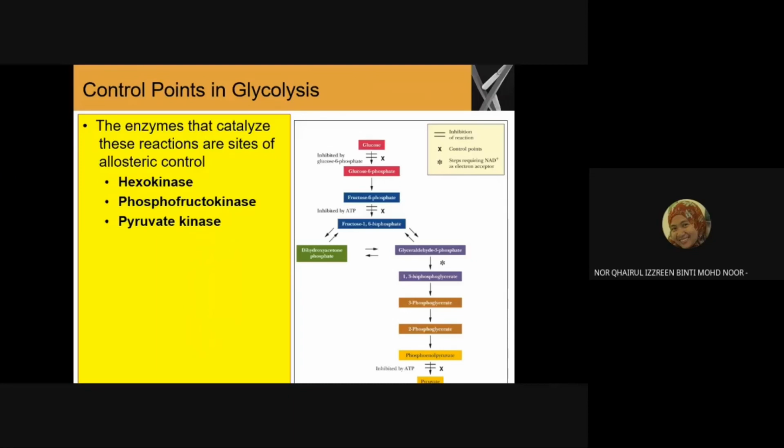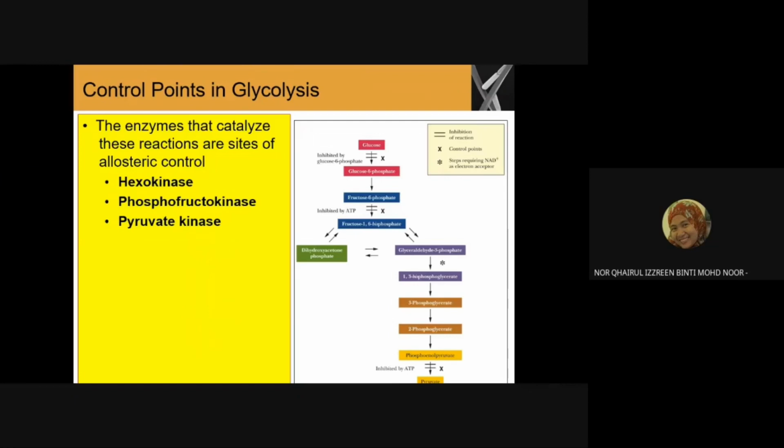The second control point would be at step number 3, in which fructose 6-phosphate is converted to fructose 1,6-biphosphate, and this step is inhibited by ATP. The amount of ATP produced towards the end of glycolysis at stage 2 matters. If there is too much ATP, it will attach to the enzyme at step number 3 here.